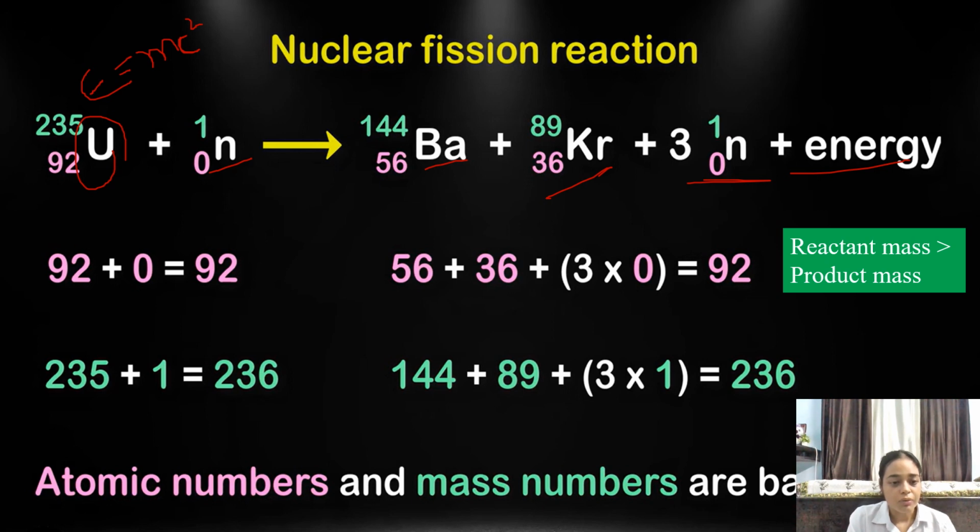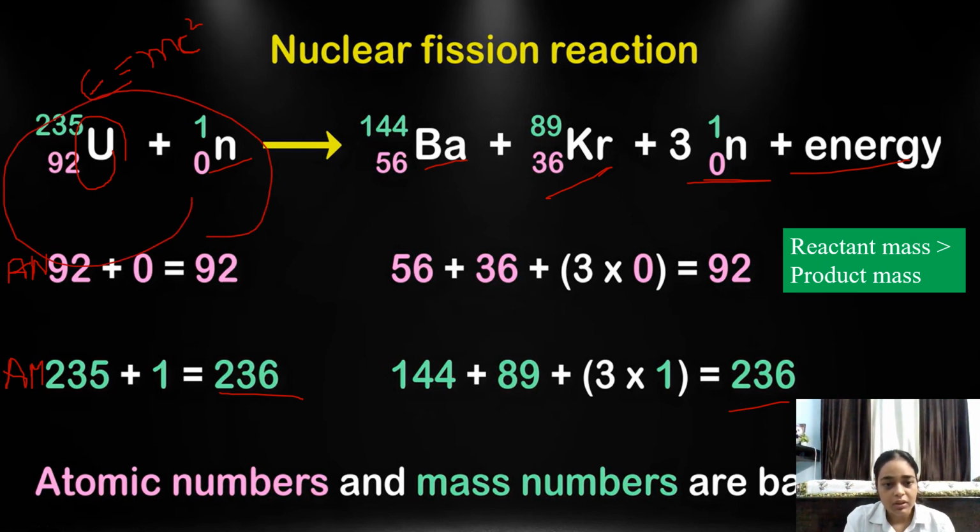This is for the atomic number, and this is for the atomic mass. The mass here is 236, here also 236.